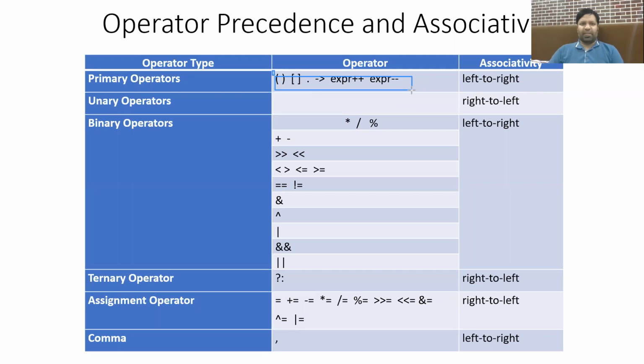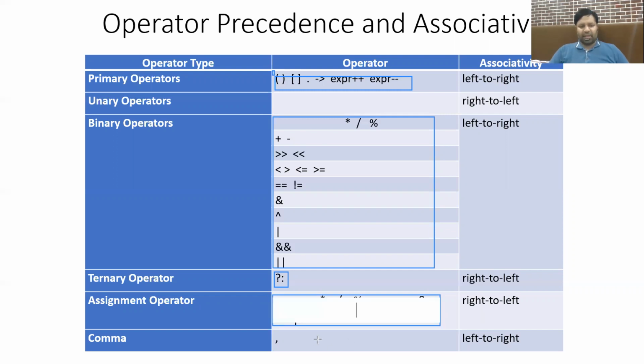And then these are the operators which have the second highest precedence. At the top you have multiplication, division, and modulus, then plus and minus, then left shift and right shift, then the relational, then the logical, then the bitwise and, or, and so on. Then comes the precedence of the conditional operator, and then comes the assignment and the shorthand operators, and at the last what you have is the comma operator.